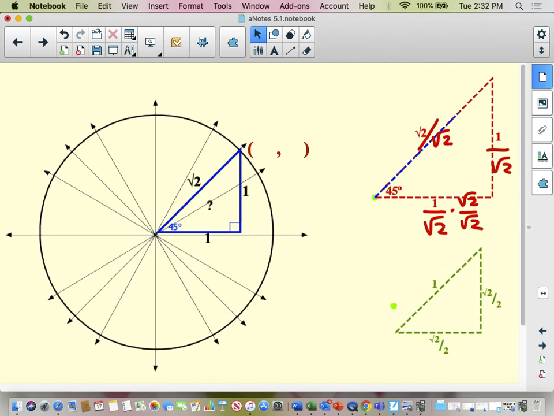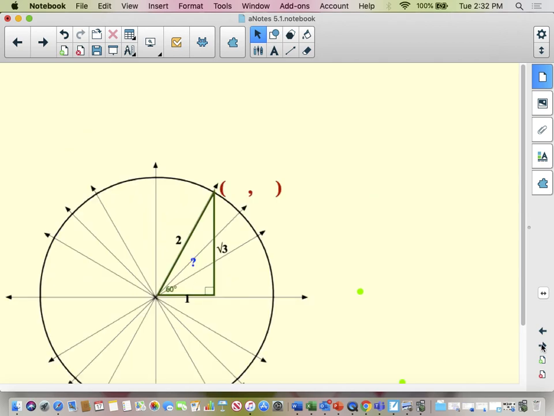Okay, and these are my unit circle pieces. So take note of my radius is now 1, that's great. My other 2 sides, which are going to be sine and cosine values, are square root of 2 over 2. Okay, and I'm just going through these kind of quickly.